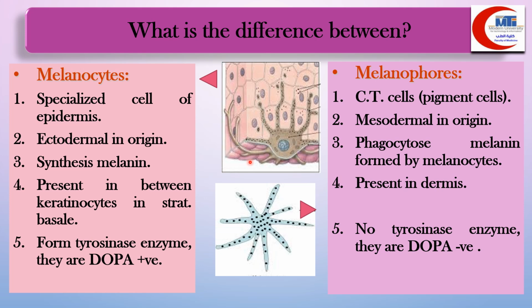These cells are DOPA negative cells, as they have no tyrosinase enzyme. They can't produce tyrosinase enzyme, so these cells are DOPA negative.